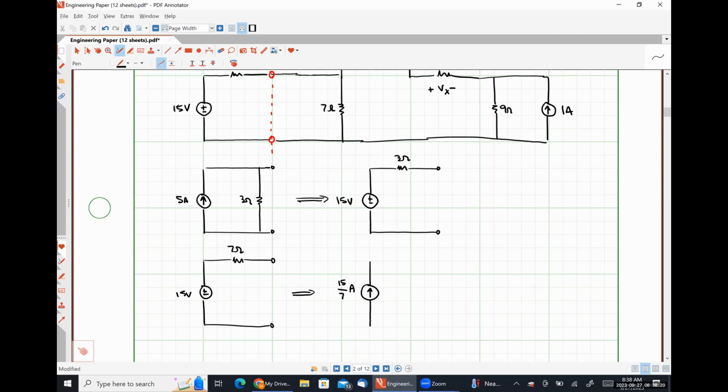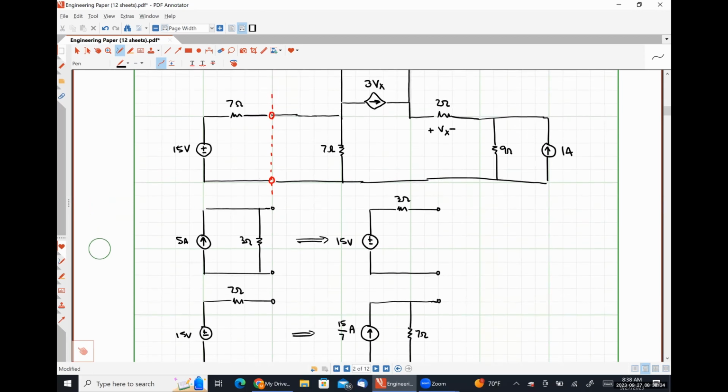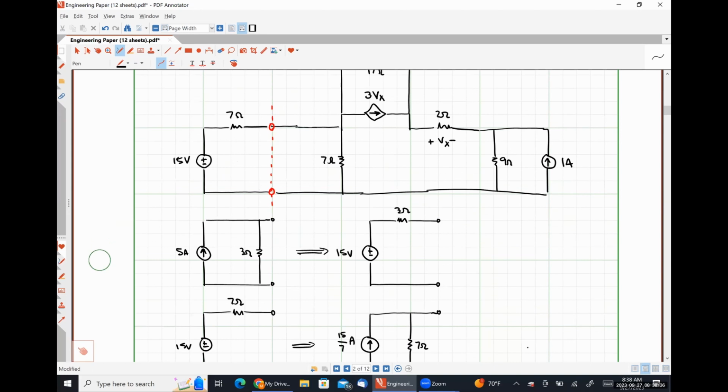What else? In parallel with 7 ohms, thank you. So once again, I'm going to erase this practical source entirely and replace it with an electrically equivalent network. Here we have 15 over 7 amps in parallel with 7 ohms.